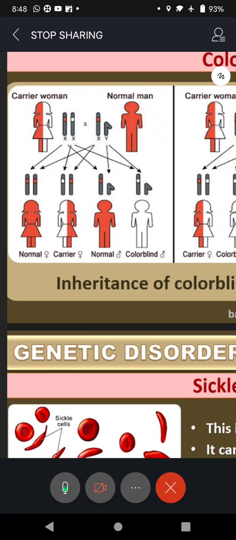They go for gene study. Once they are assured that there are no hidden genetic disorders... See, carrier means what? A hidden one, no? She has that lethal gene. That lethal gene is not doing, fortunately, anything to her. But that lethal gene gets transferred to her children. Isn't it?